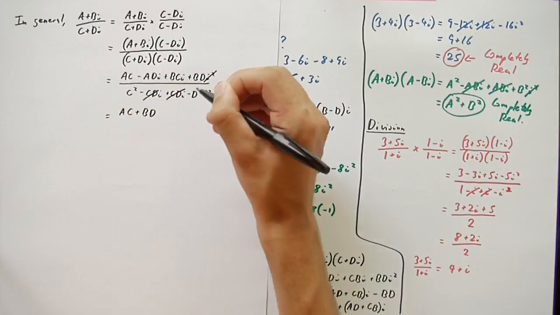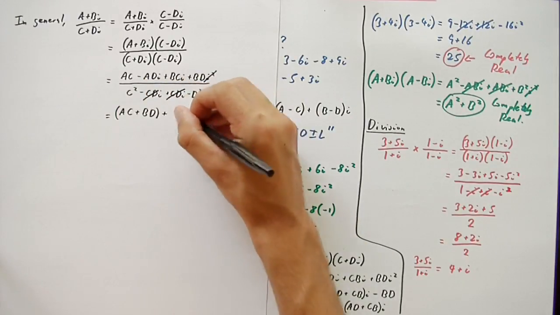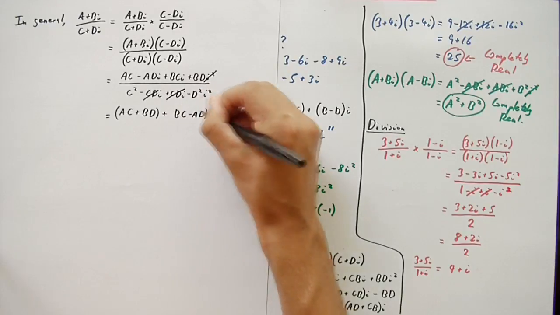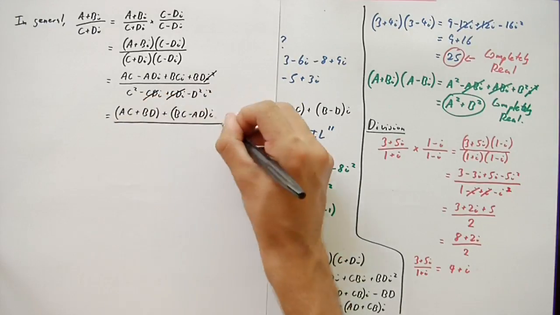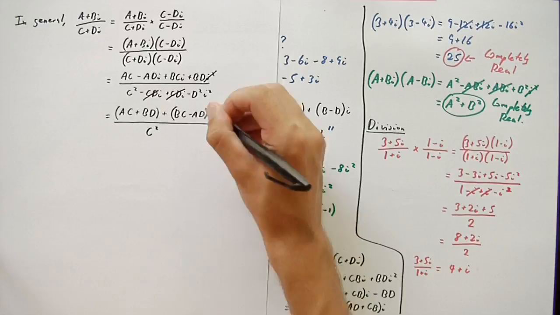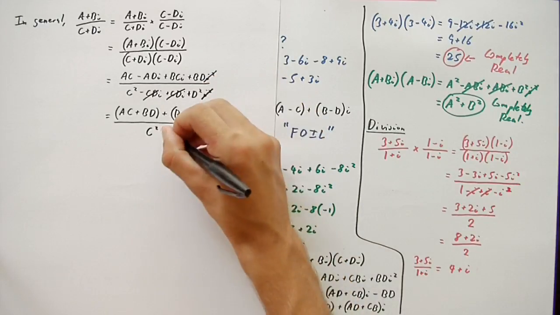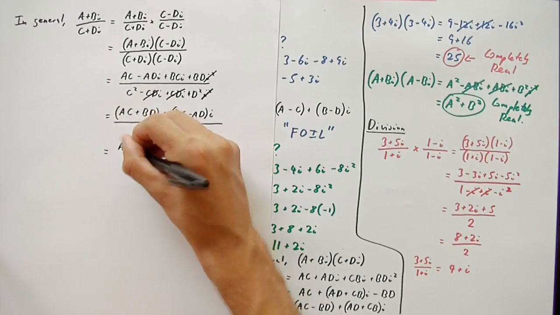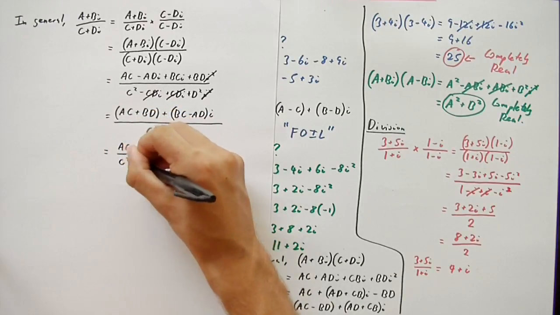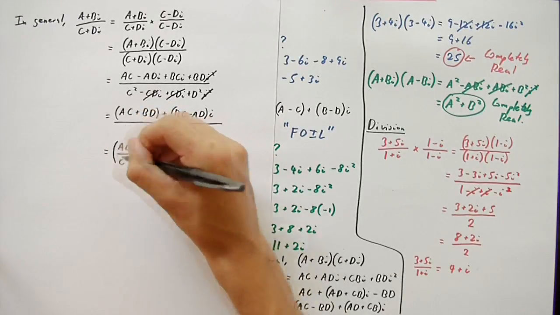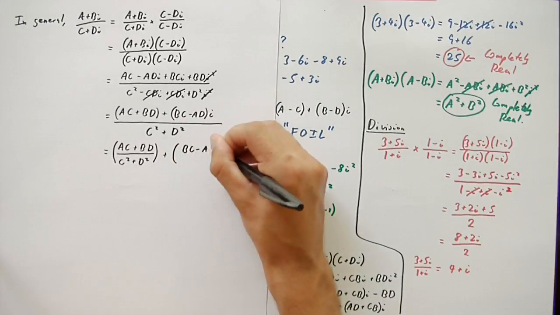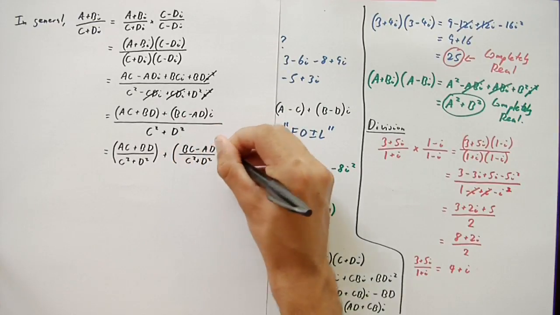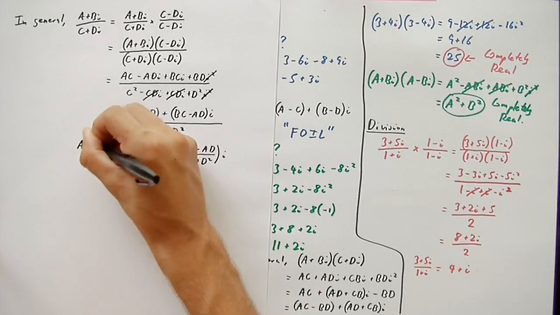So on the top, we're going to have ac plus bd plus, in brackets, bc minus ad times i. And on the bottom, we're simply going to have c squared plus d squared. Now decomposing this into two fractions, we get ac plus bd divided by c squared plus d squared, plus, in brackets, bc minus ad divided by c squared plus d squared, times i.